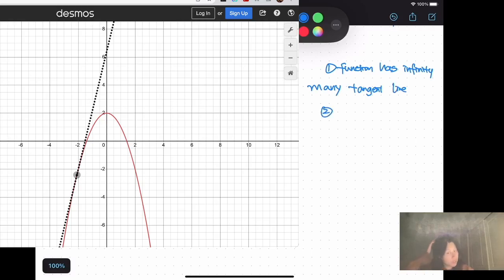Secondly, what do you find out about each tangent line? If you look carefully, you might find out that a tangent line only intersects with the function at one point, right?